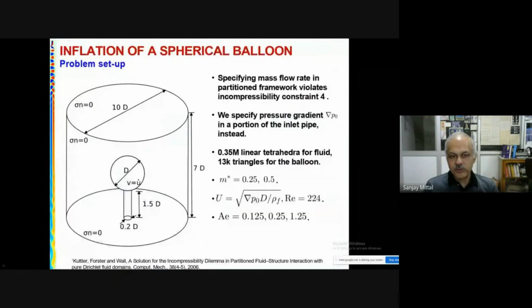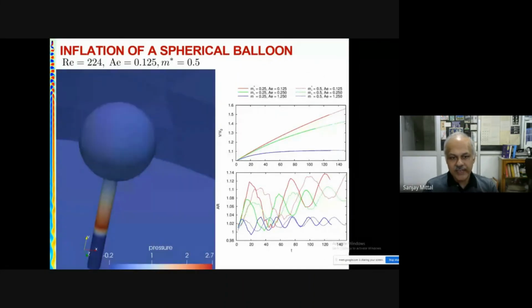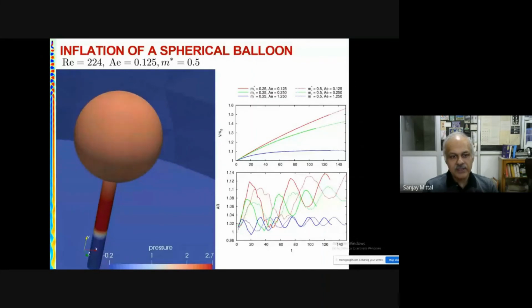Then he, of course, moved on to 3D balloons, and he wanted to model bursting. So I will very quickly just show you the animations, and I will stop. So he was able to inflate a balloon by using appropriate boundary conditions. And it turns out that when these balloons inflate, you already get some kind of jerky motion.